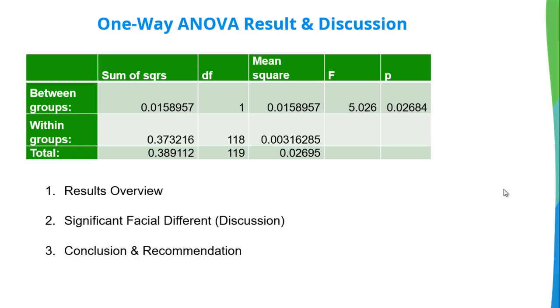You may also have some limitations and future research. While the ANOVA results are promising, it is important to consider the potential limitations. The sample size and the specific facial features selected for the analysis could influence the findings. Future research should aim to validate this result with larger, more diverse populations and investigate additional facial features.